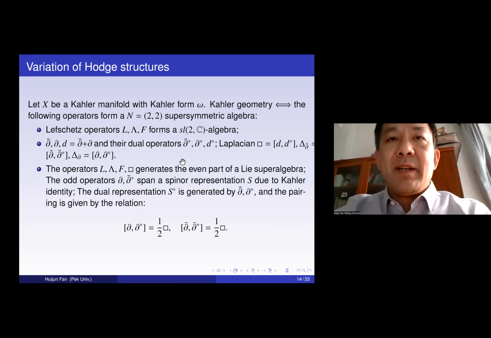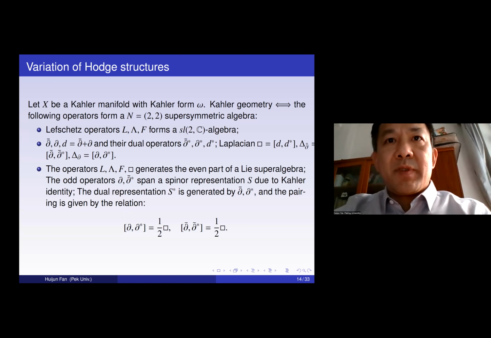Because X is Kähler, it turns out the complex Laplacian is just half of the real Laplacian. And also by the Kähler identities, we can show the following facts. The operators L, lambda, F, and the real Laplacian generate the even part of a Lie superalgebra. The odd parts, partial and partial-bar star, span a spinor representation S.